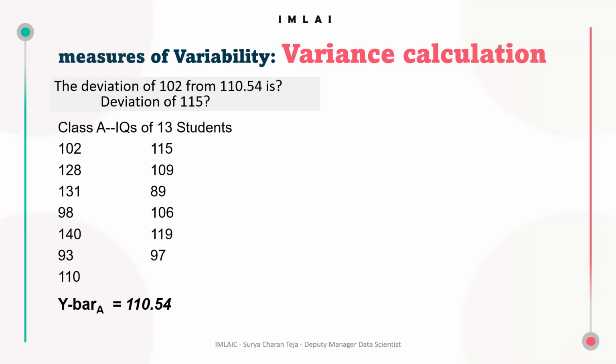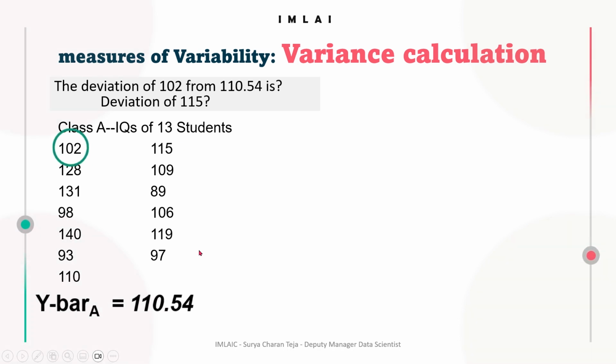Now I want to know the deviation of a student whose IQ is 102 from 110.54. So 102 is the point of interest, and 102 minus 110.54 is what we have to calculate. Similarly, we have to calculate the deviation of a student whose IQ is 115 from the mean. So we will be calculating both.